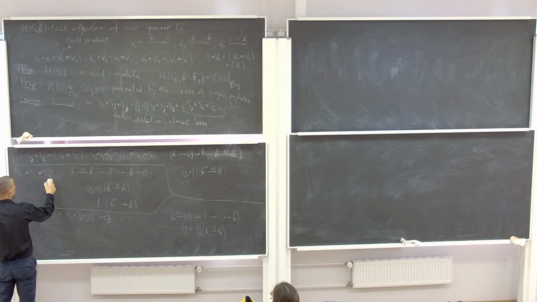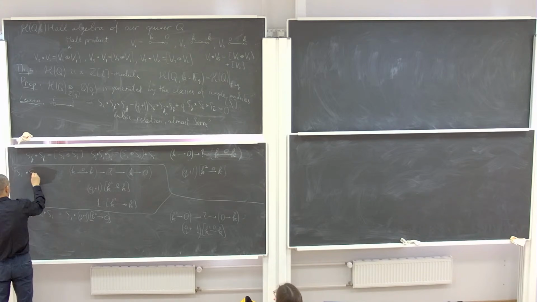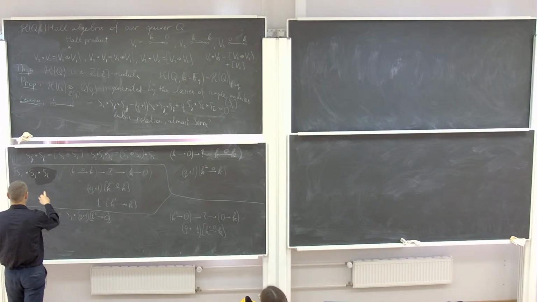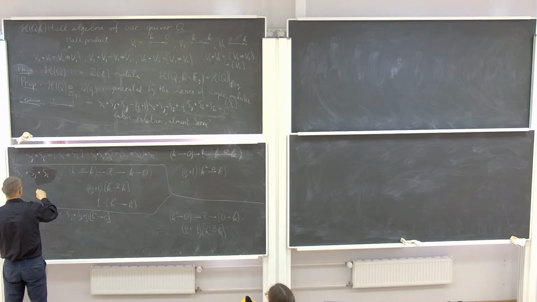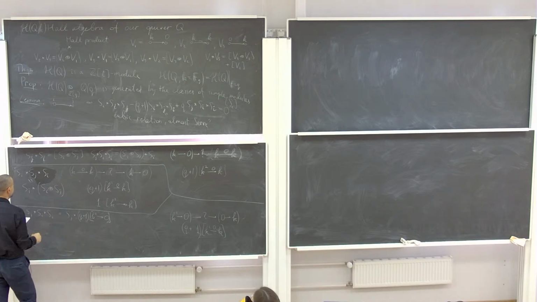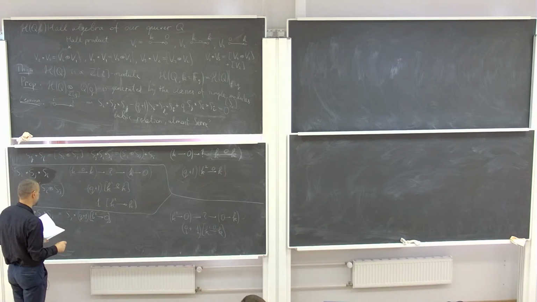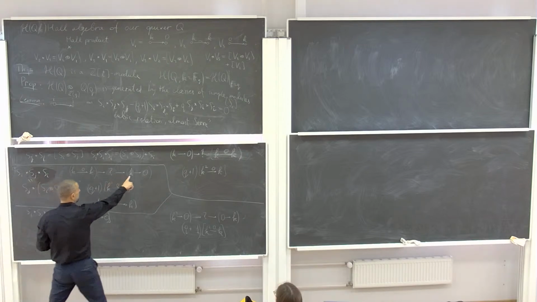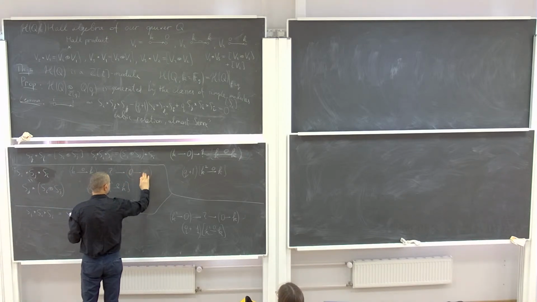So Si times I times J. This is IJI. And what is easy? J times I is easy. So this is J times Si plus Sj. And here you will have 0 to k.